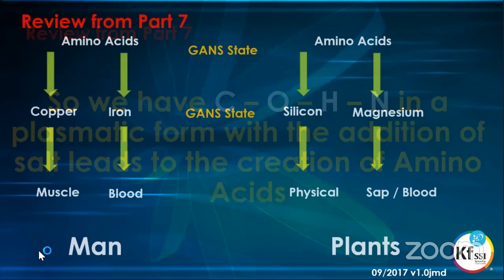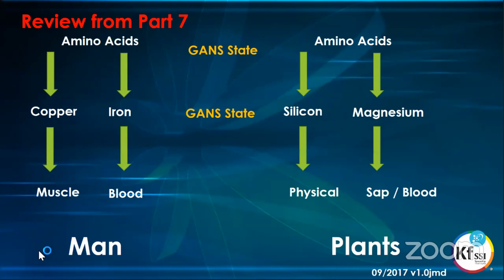And as we've explained as well, the amino acids in interaction with the copper give us the muscles for the man. Amino acids with interaction with the iron give us our blood. And when we look at the plants, those same amino acids with magnesium give you the sap or the blood of the plants.